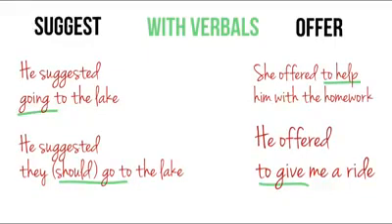So, after the verb suggest, we use the gerund, the modal verb should, or the bare infinitive, which is the infinitive without to. What about offer? Repeat after me. She offered to help him with the homework. He offered to give me a ride. So, after the verb offer, we use the infinitive with to.